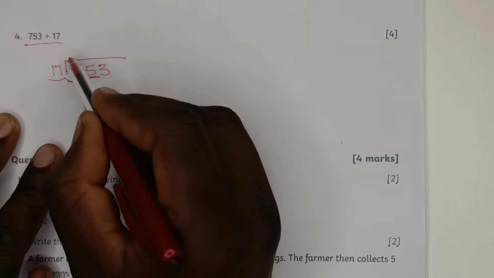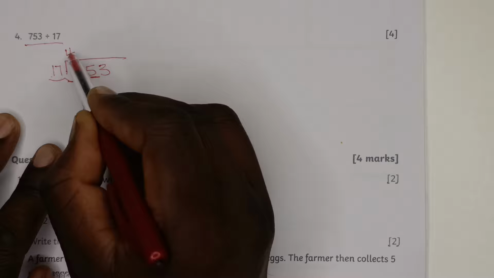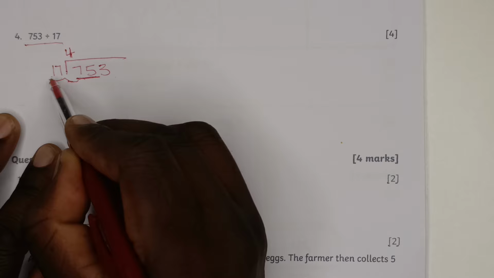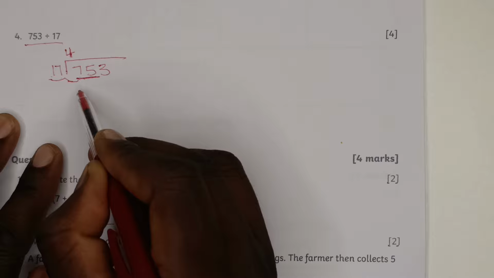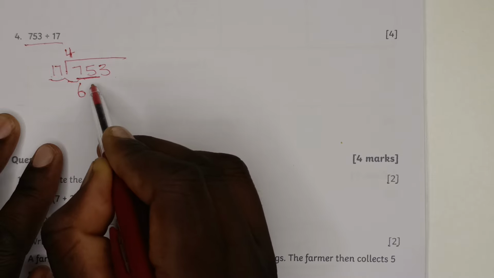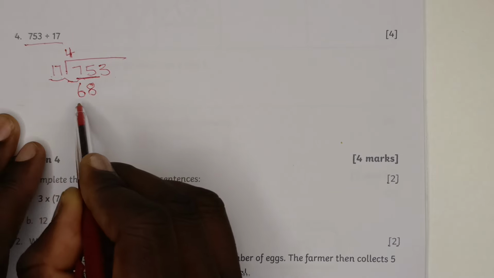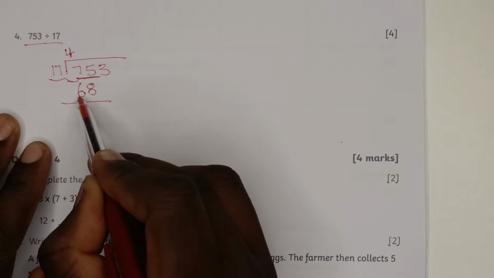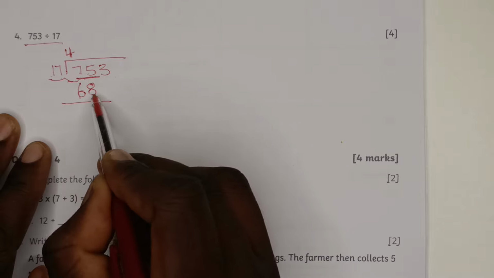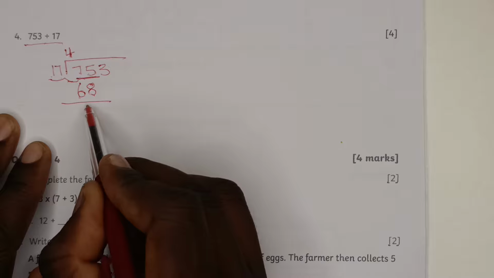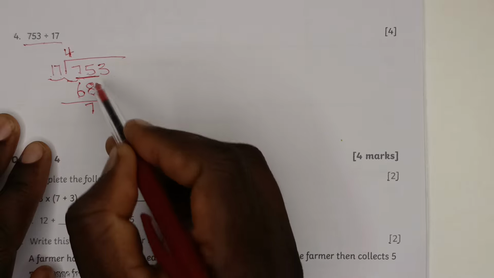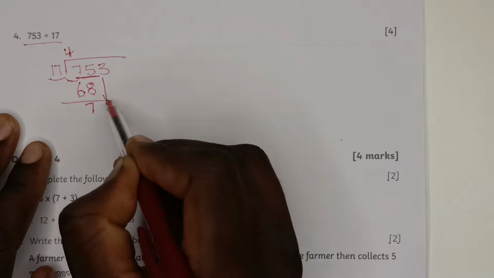It goes 4 times, and we write our answer here. What is 4 multiplied by 17? It's 68. So then 75 minus 68 is 7. It's 7. So we drop this one.